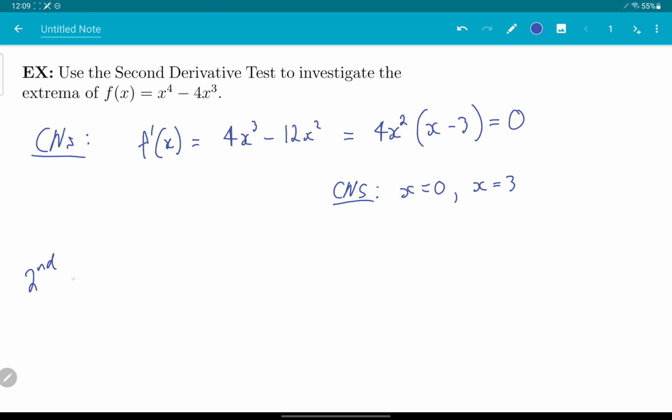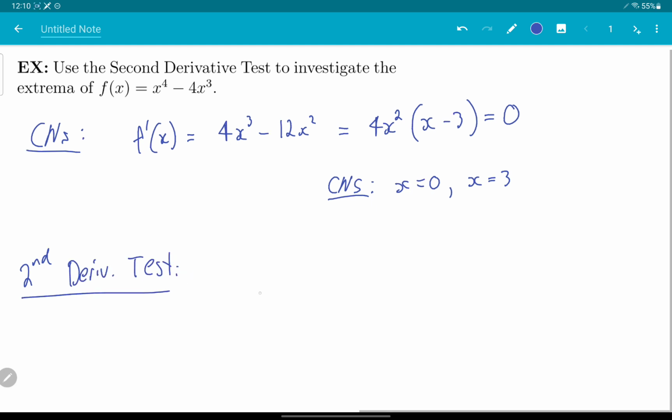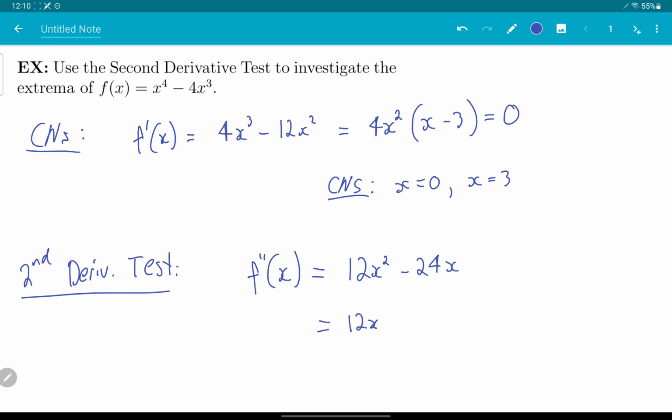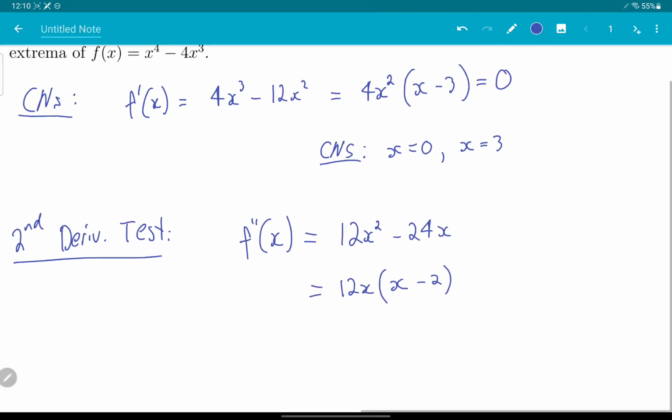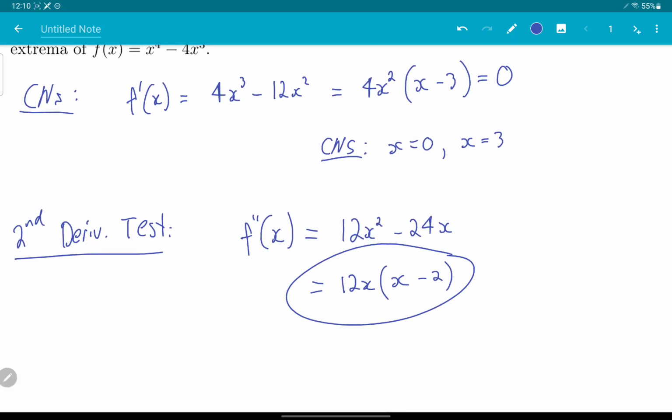So using the second derivative test, well, I need my second derivative. I'll work from here, getting 12x squared minus 24x, factoring out a 12x gives me x minus 2. So what can we say about our critical numbers? Plug them in here. What do you get? F double prime of 0 is 0.